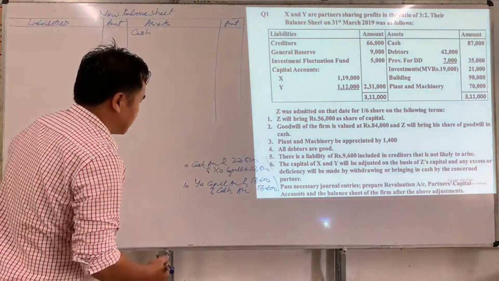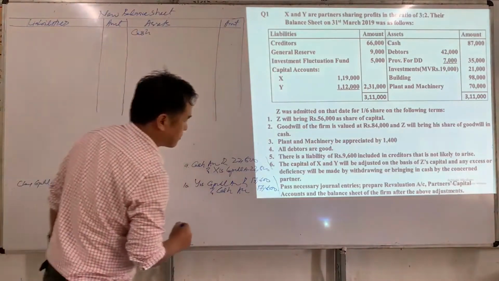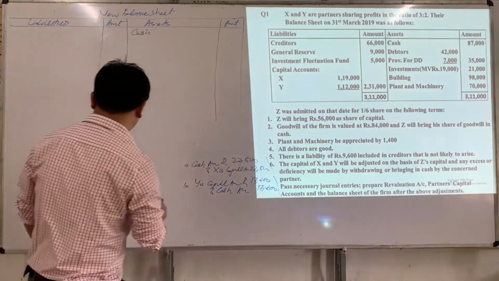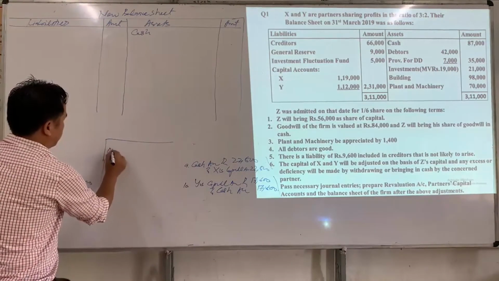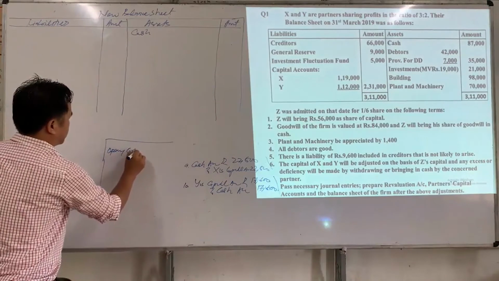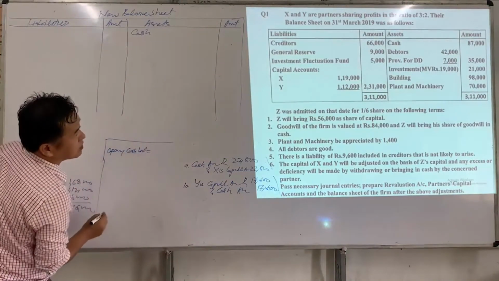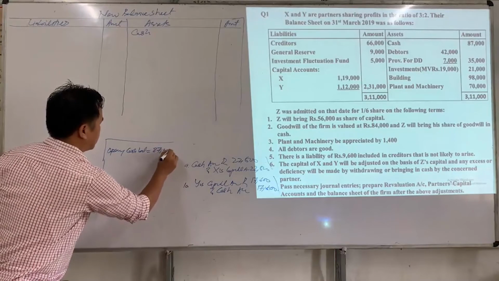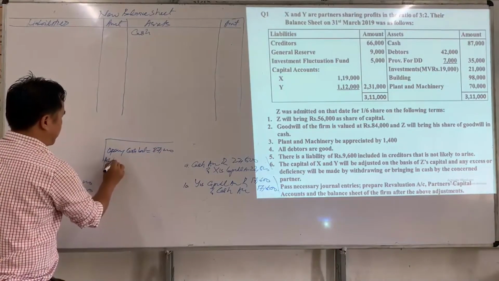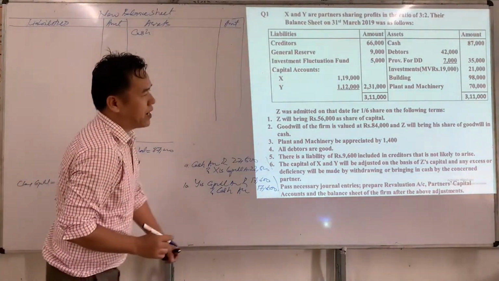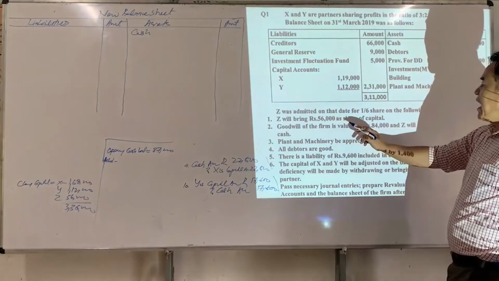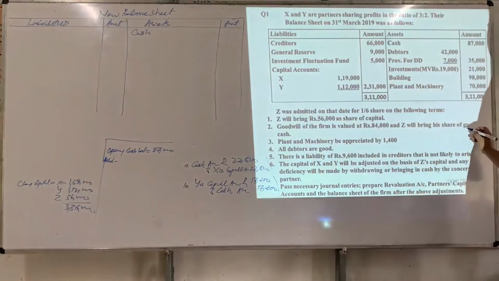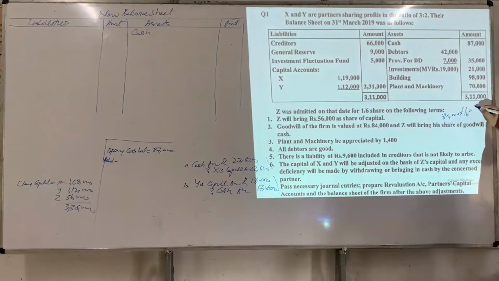Since we are preparing a new balance sheet, I'm going to write here: opening cash balance is rupees 87,000. We need to add, since the new partner, that is Z, has brought rupees 56,000 as his capital and rupees 84,000 multiplied by 1 by 6, which is 14,000.